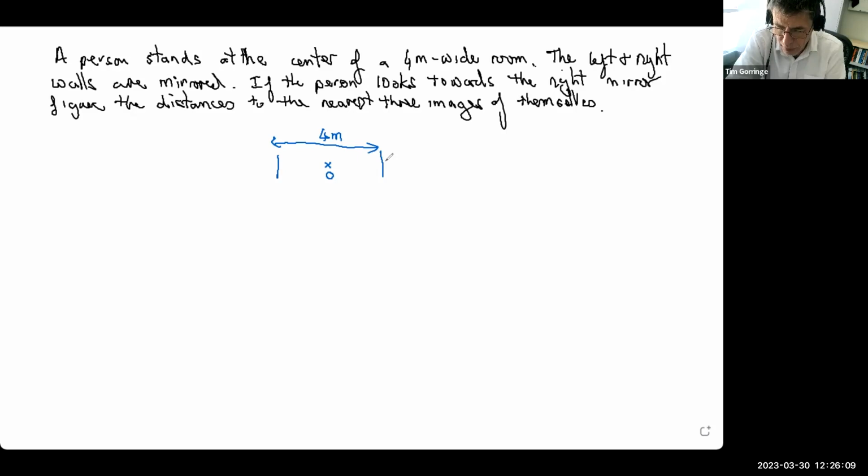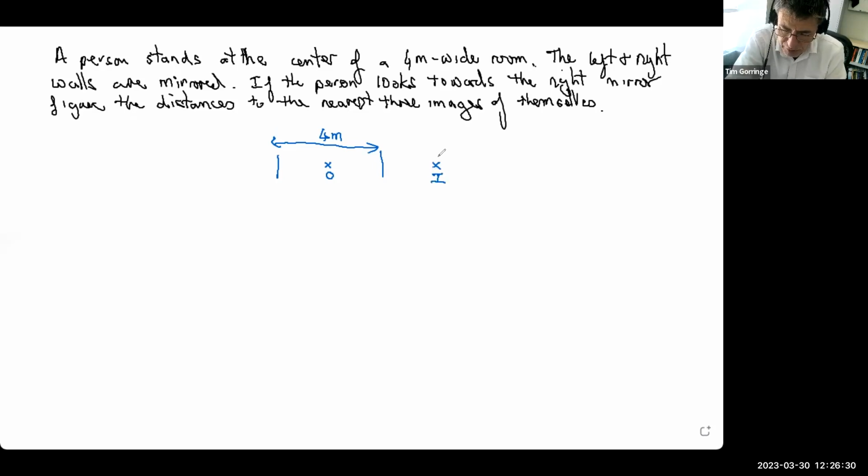That image is based on just one reflection of the person's light from the right-hand mirror, and it will be the same distance behind the mirror, so roughly here, that the person was in front of the mirror.